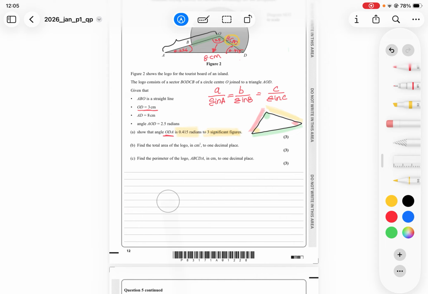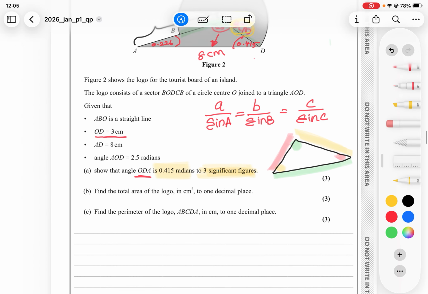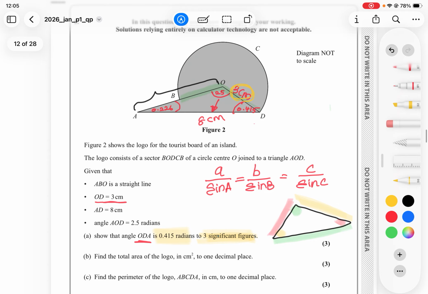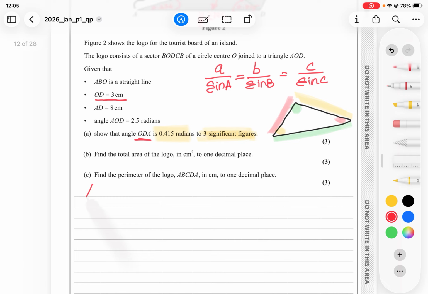In part B, they are asking us for the area of the logo. We know our logo is this full figure. To find the area of the logo, we have to find the area of the triangle and the sector as well. For the triangle, if I name it A1, we can use the half bc sine A relationship.